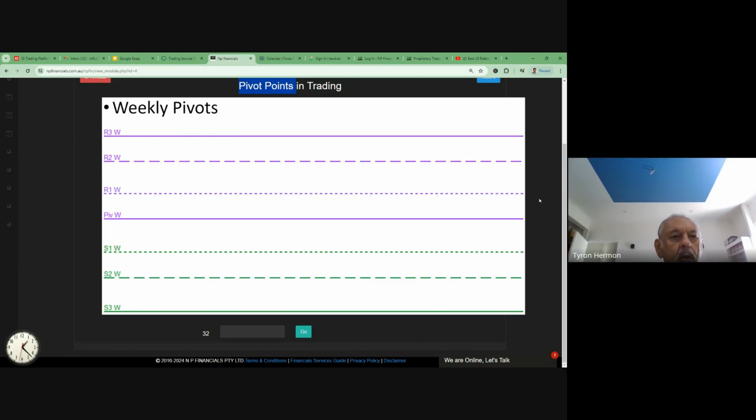Okay, let me just get it in my head here. So if you are doing a 4 hourly trade or a 12 hourly trade, you will work on the weekly pivots.